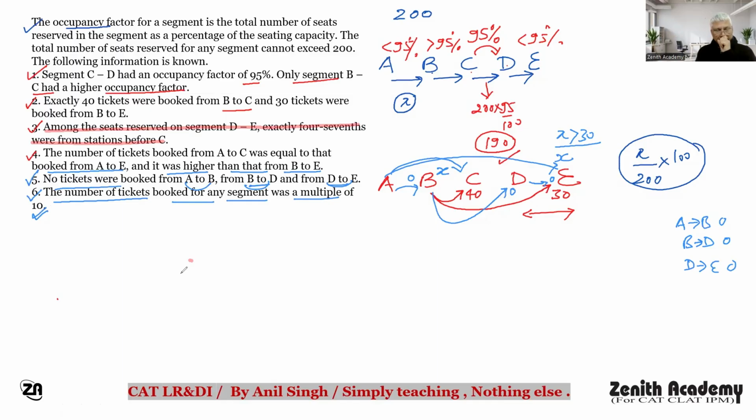And now see the logical connectivity. It is given that C to D occupancy is 190. Let's write here: C to D is 190.